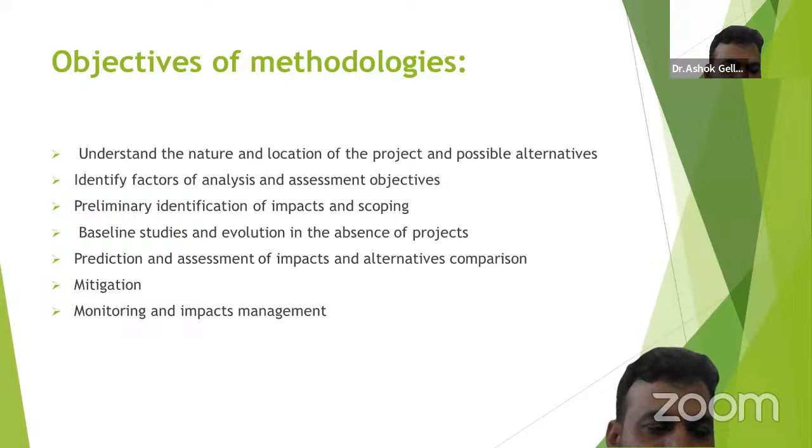When we study the EIA of a particular location, we understand the project, the location, and different possible alternatives if any modifications are required on the project side. That is one of the important objectives. And identify factors of analysis and assessment objectives.